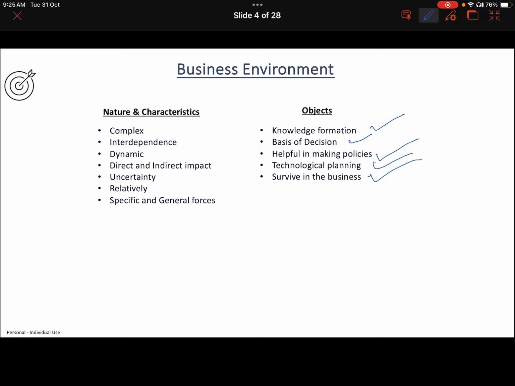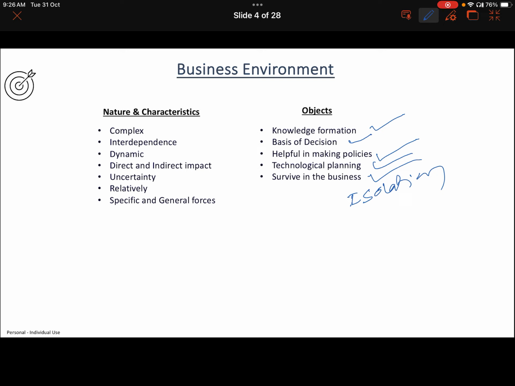You cannot do business in isolation. It is important to read what is happening surrounding you and change yourself accordingly. Change is the only constant in this current world. So to survive in the business, it is important to know what is happening surrounding it.